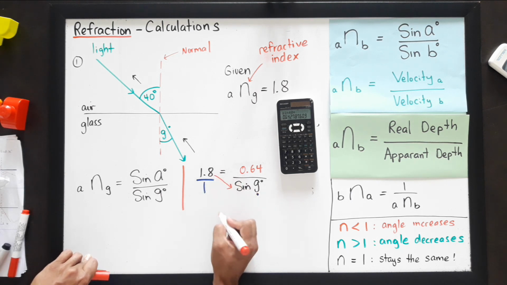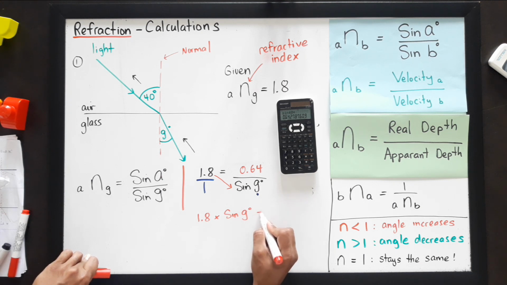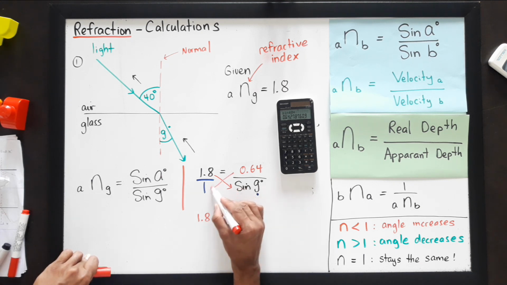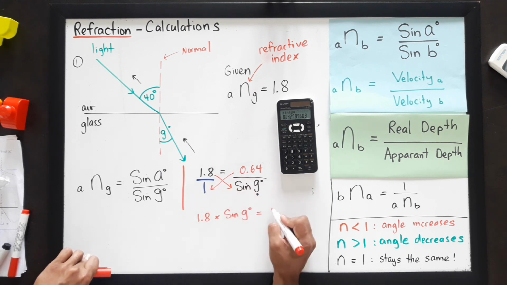So 1.8 by sine G is 1.8 multiplied by sine G. We can't do anything there at the moment. It is equal to, and we cross multiply the other diagonal, 0.64 multiplied by 1 is 0.64.